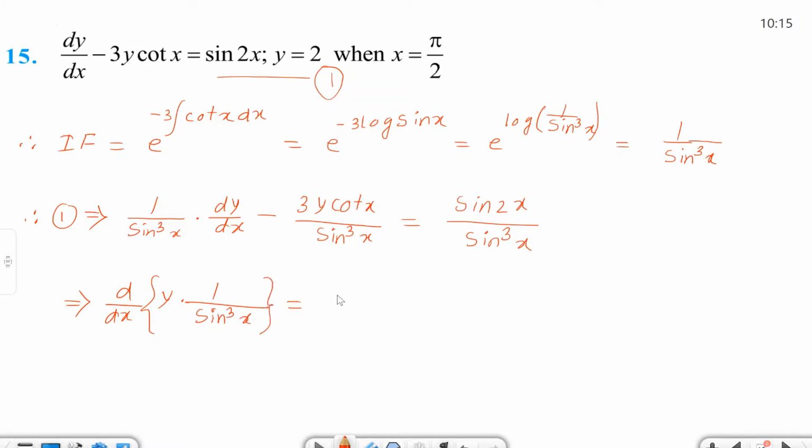The right hand side, sin twice x, we can break up as 2 into sin x into cos x divided by sin cube x.